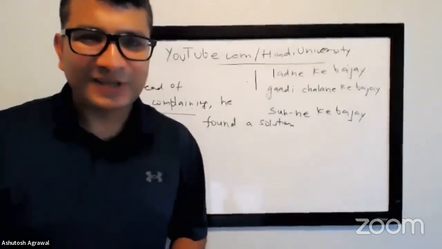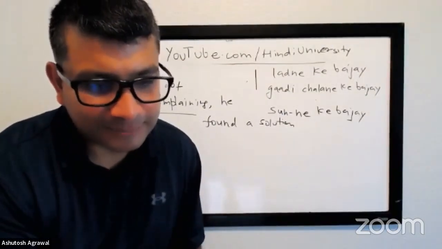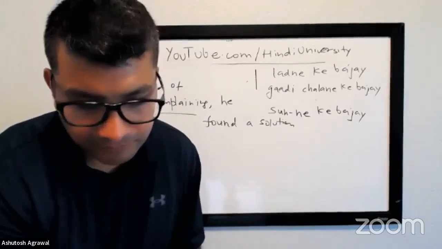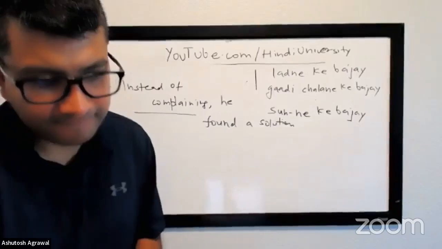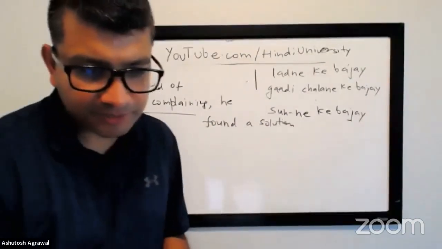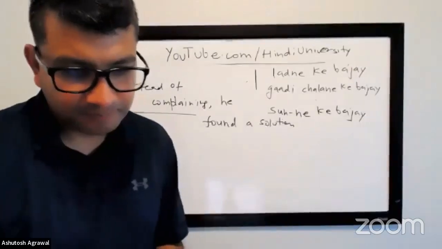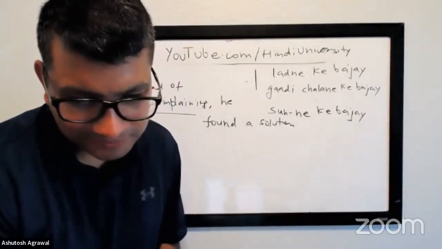Don't say your solution yet. You can write it in a Zoom chat, and then we'll go over it. Okay. Instead of complaining, he found a solution. Okay. Yeah. Awesome.